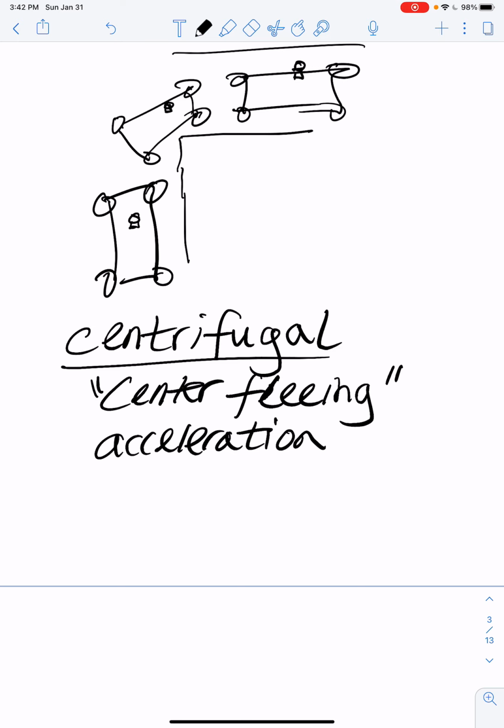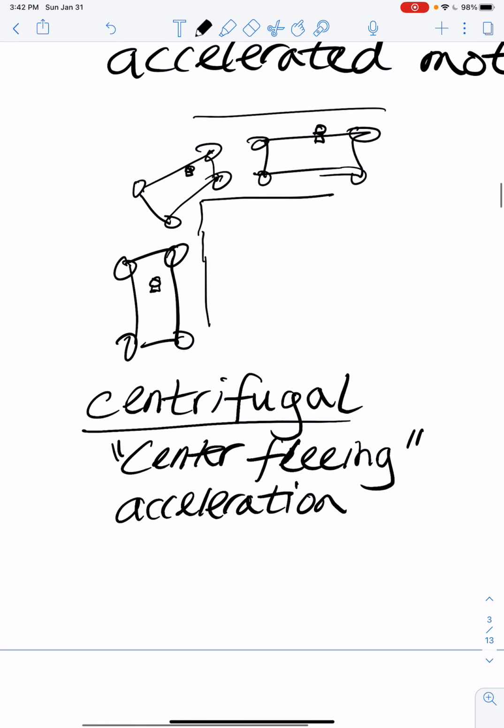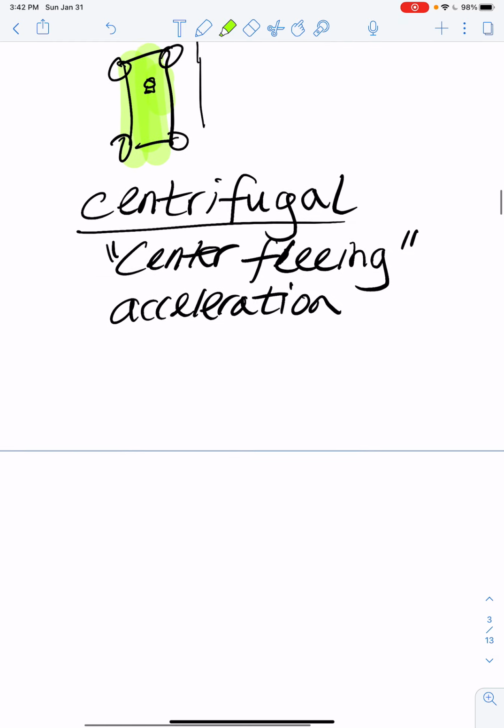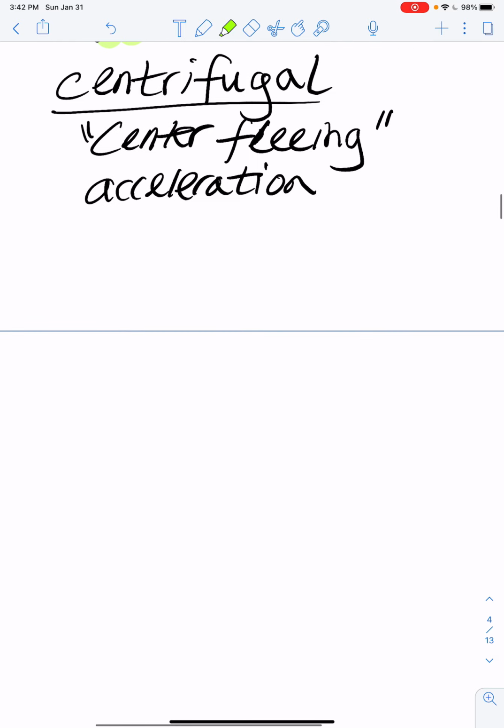How do you deal with this? I'll make this a green car. How do you deal with this, right? What is going on here? So what we're saying in physics is that centrifugal acceleration doesn't exist.